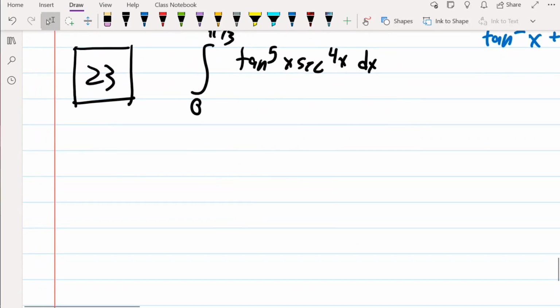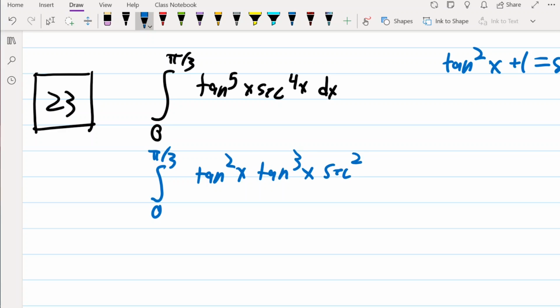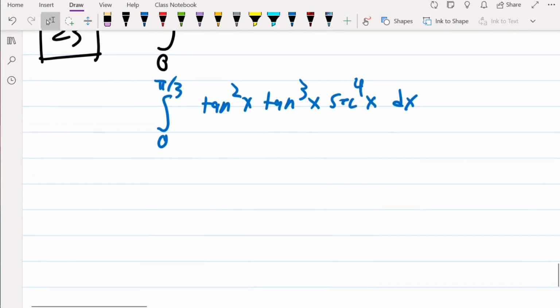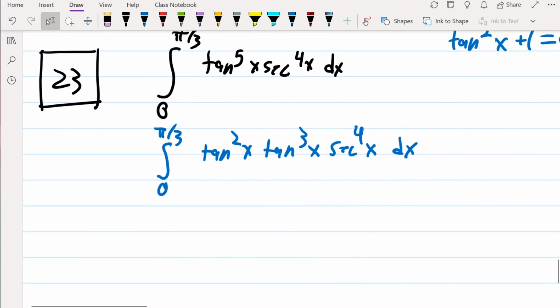So we're going to take the integral of 0 to pi over 3, tangent squared x, tangent to the third power x, secant to the fourth power of x dx. Then we will take what we can, and actually, no, I don't think we want to take the tangent.